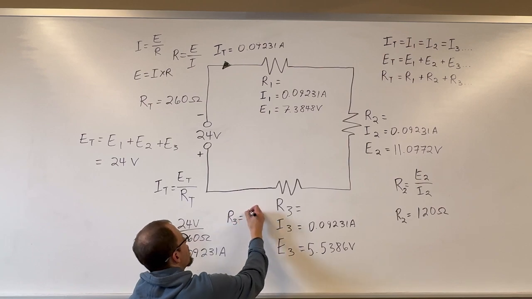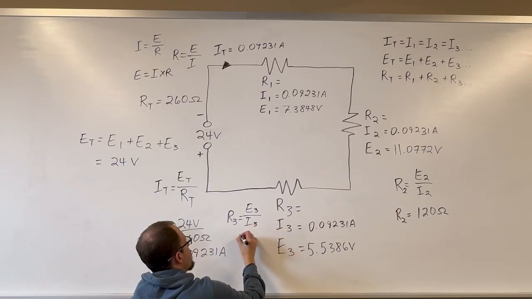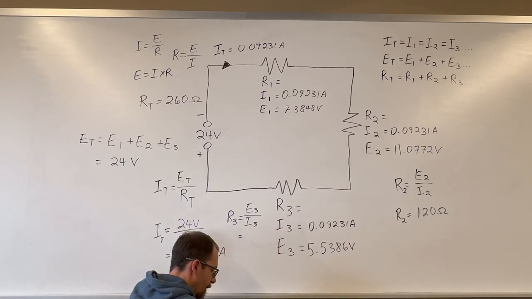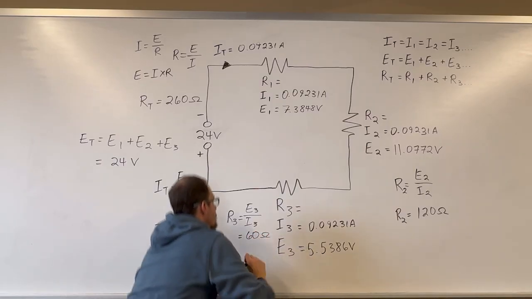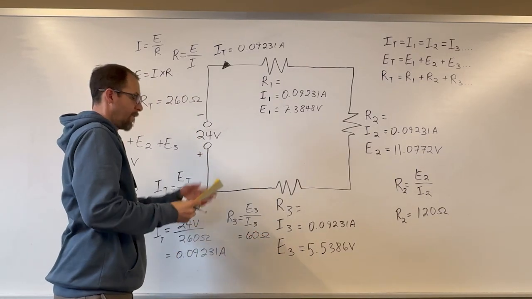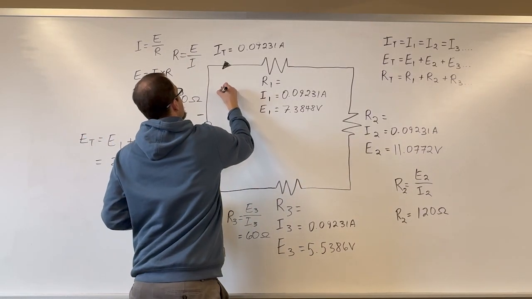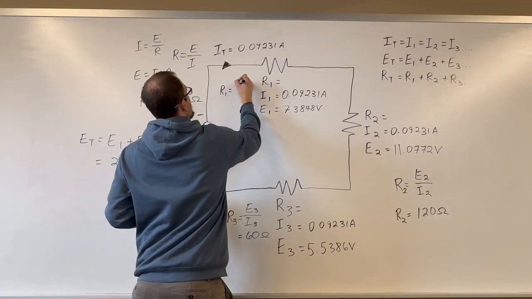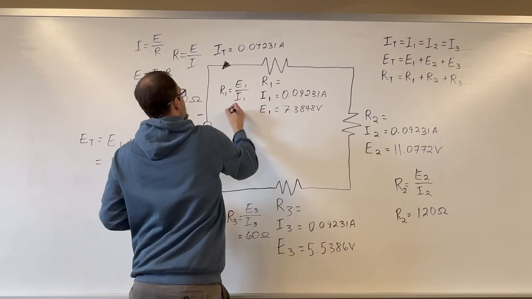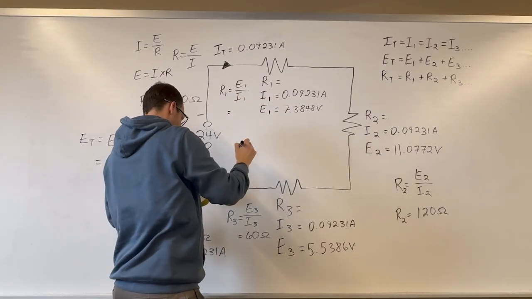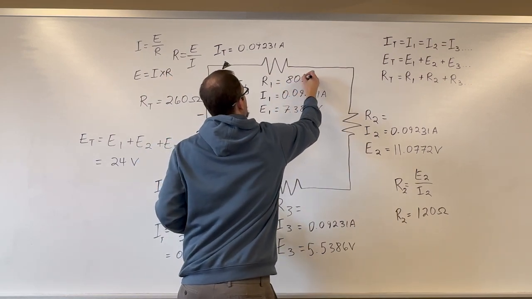R3 equals E3 over I3, giving me a total of 60 ohms. And then finally, R1, let's figure that out. It's R1 equals E1 over I1, and I got a number of 80 ohms.